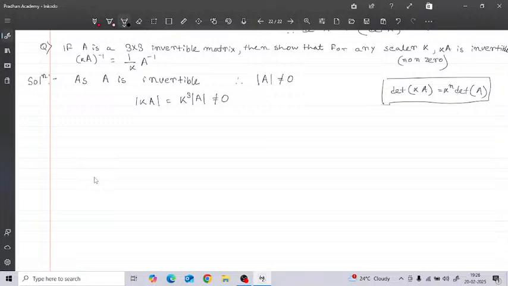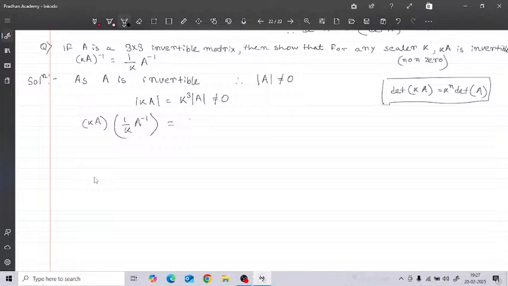Now we have to verify the identity that was given here. So let's multiply kA with 1 by k A inverse.